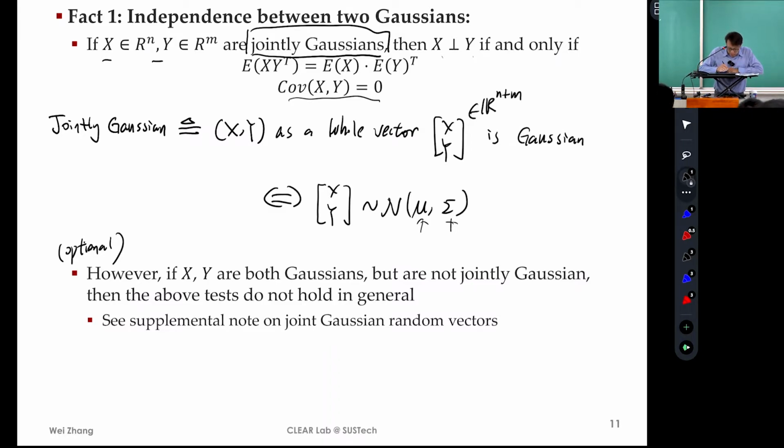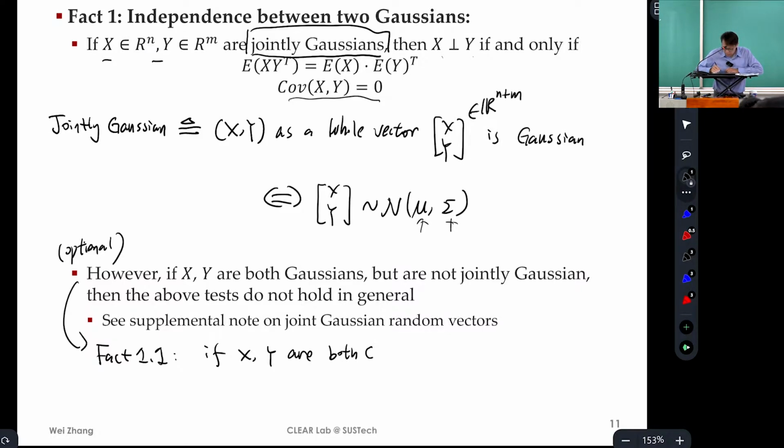Another fact, fact 1.1: if x and y are both Gaussian, and x is independent of y, then x and y are jointly Gaussian.